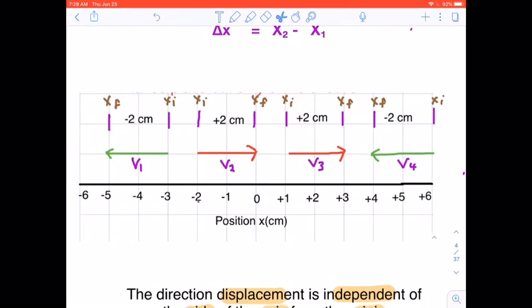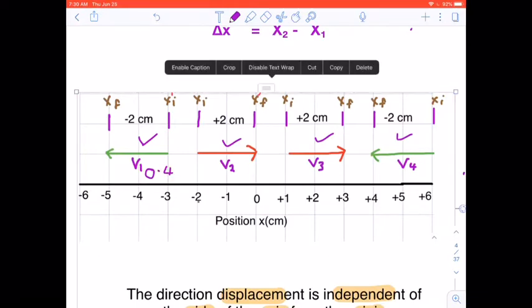So we're saying assume that all these displacements that we have took place in 0,4 seconds.